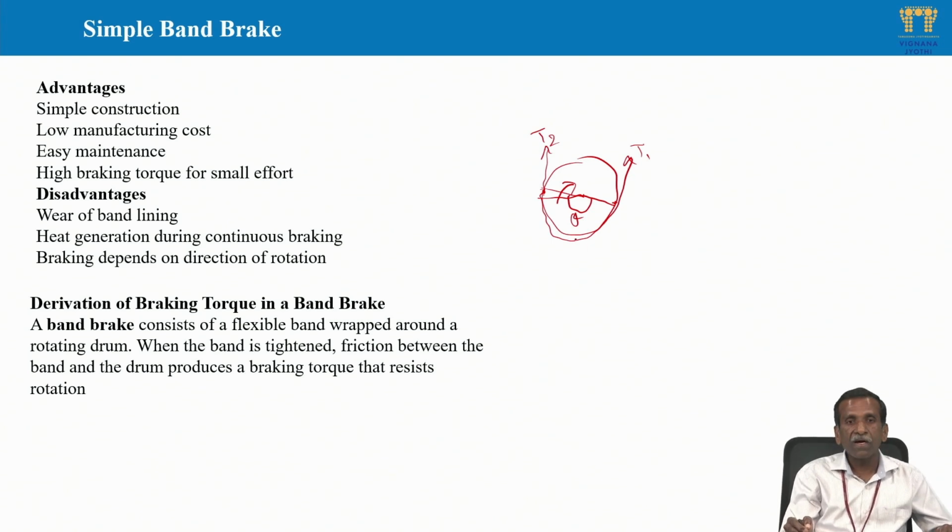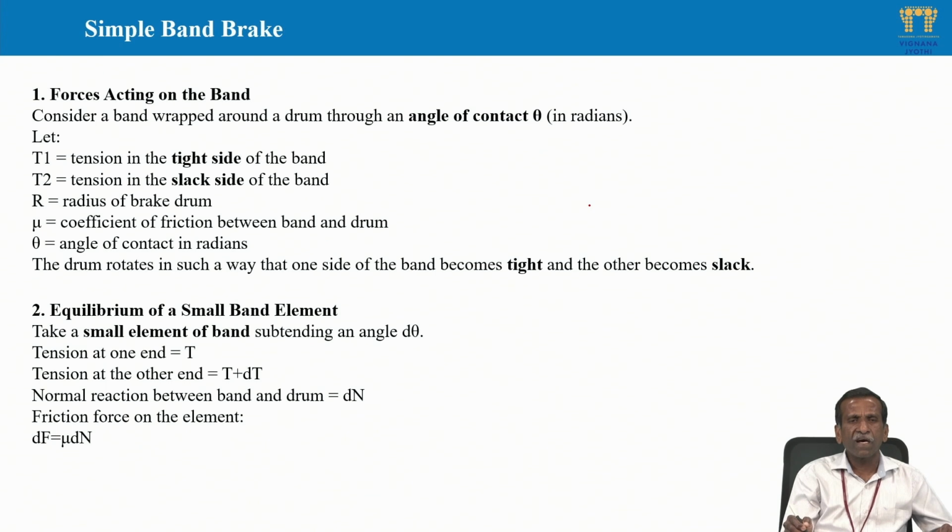Then what is the braking torque? Take a small length of the band making a small angle d theta with the drum. Let the band width be B, the thickness be T, and this is the radius of the drum. Then I can write the force acting on the band.